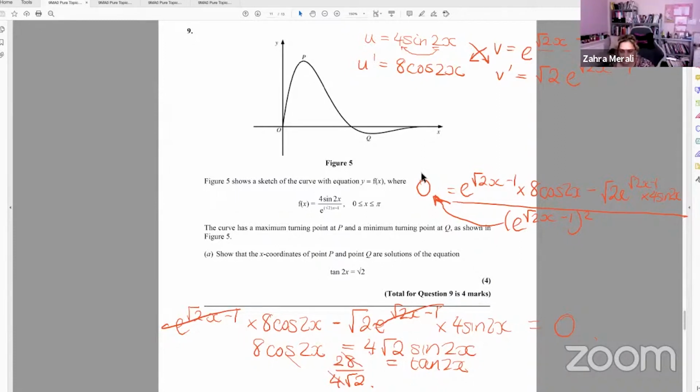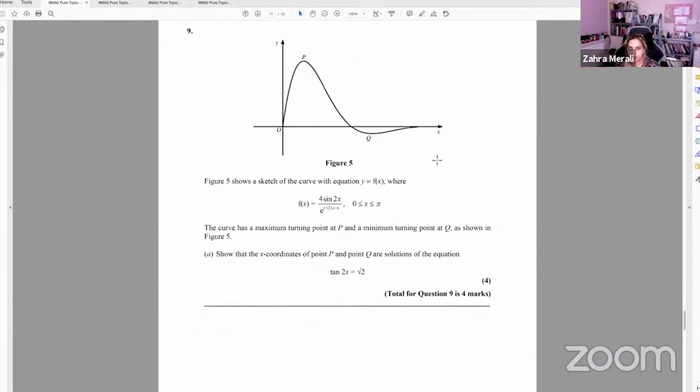But I want to show it as √2. All you have to do is take 2 over √2 and rationalize the denominator, and you end up with 2√2 over 2, which cancels and is the same as √2. So I think if you wrote that just as the next step, it would have been sufficient to get the marks. Okay.